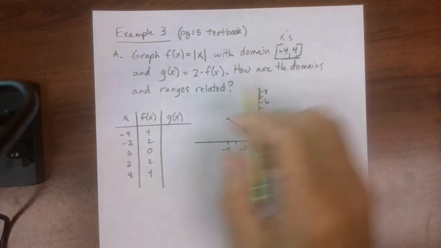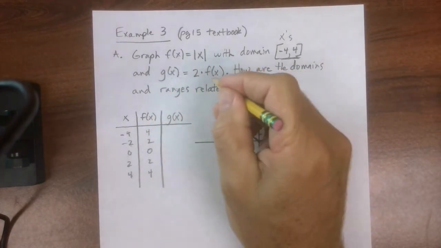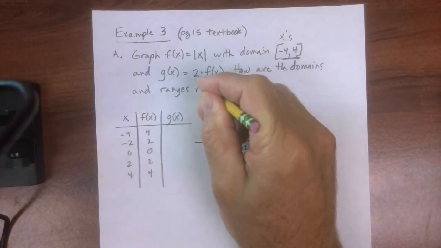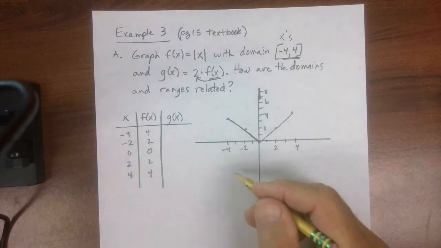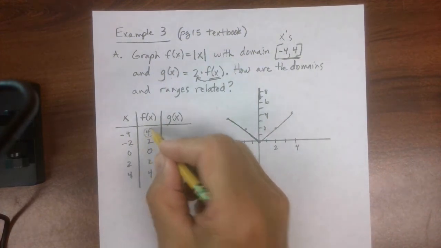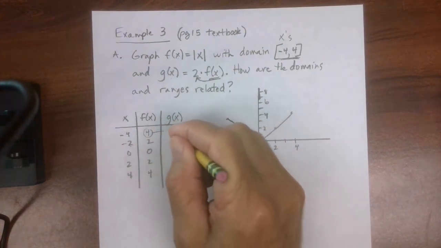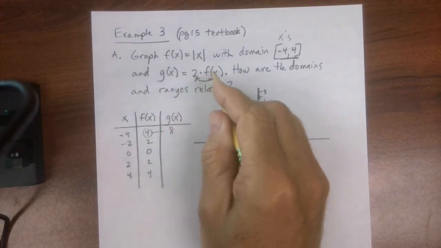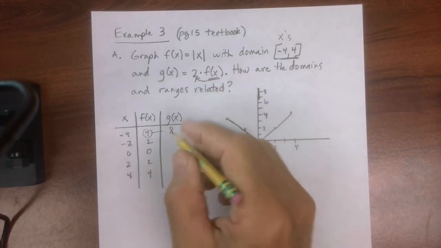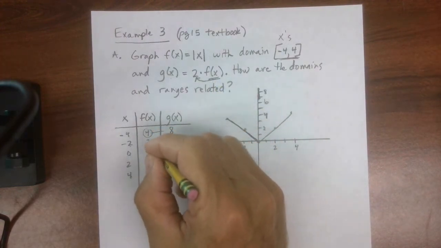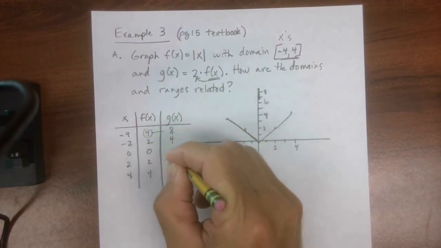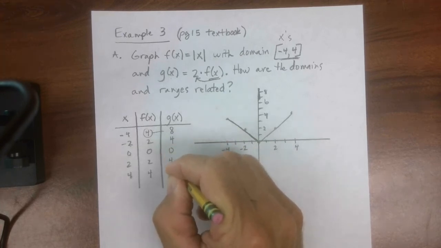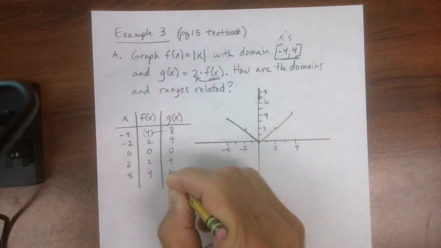Now it says g of x is simply f of x times 2. In other words, we're going to double this. We're going to make that 8, because g of x equals double whatever f of x is. So we're basically doubling these. So that's a 4, that's a 0, that's a 4, and that's an 8.